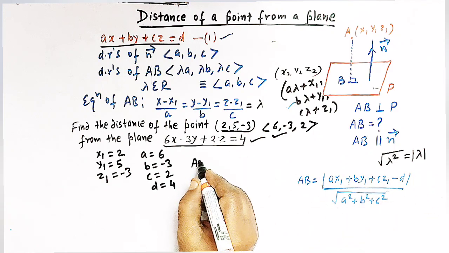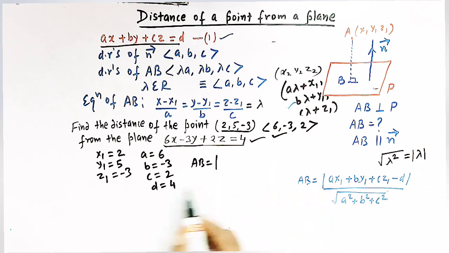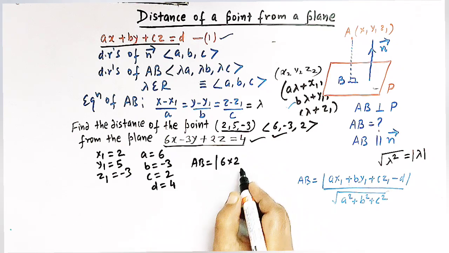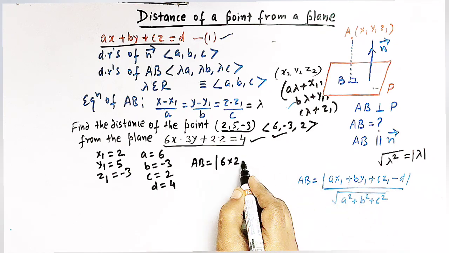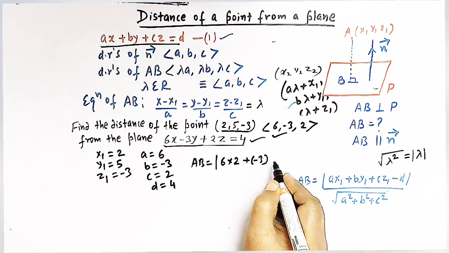So we have AB is equal to mod of Ax1. So we have 6 times 2. Then we have By1, B is minus 3 and y1 is 5.